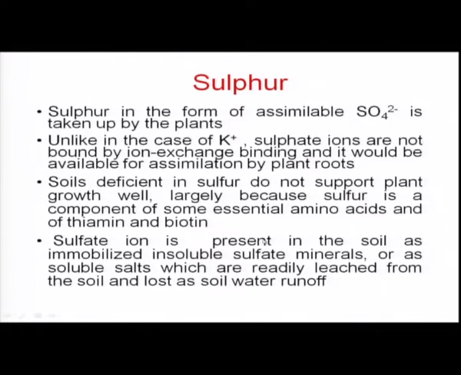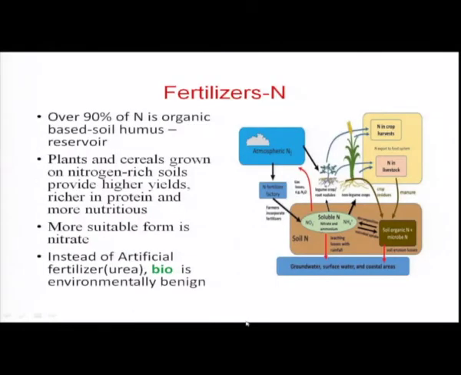Everything is a water soluble compound, and mostly it is all washed out during water runoff, so again there may be a deficiency of sulfate. If we look at fertilizer application, the major fertilizer is NPK, nitrogen, phosphorus and potash. These are normally added to the soil as amendments whenever there is a deficiency of nitrogen, phosphorus and potash.